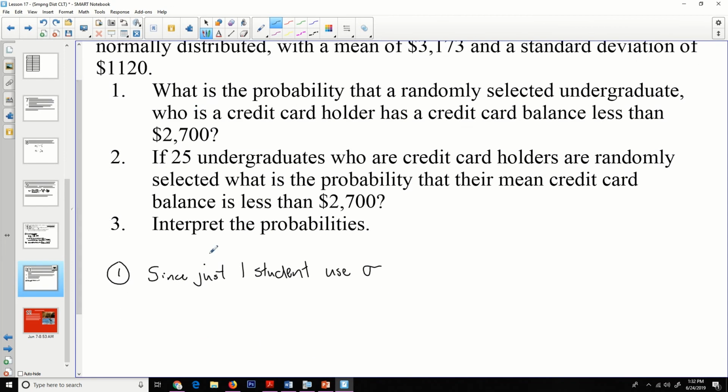And so this one is just going to be our normal CDF. Our lower bound of debt is going to be negative 10,000 again. Our upper bound is 2,700. Our mean is 3,173. And then our standard deviation is 1,120.